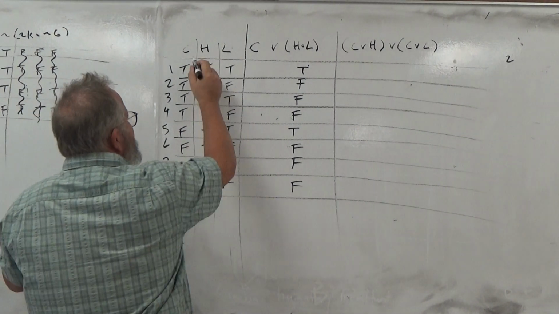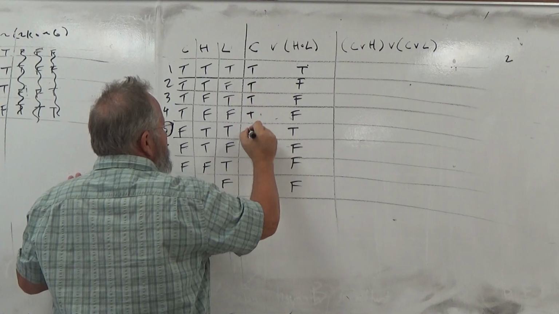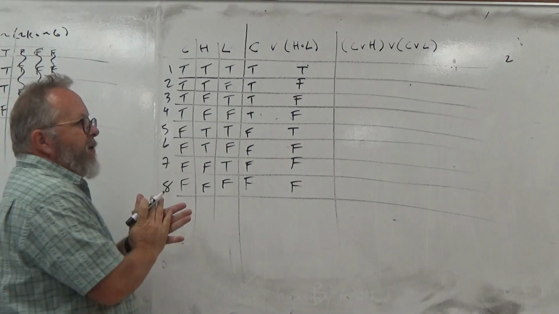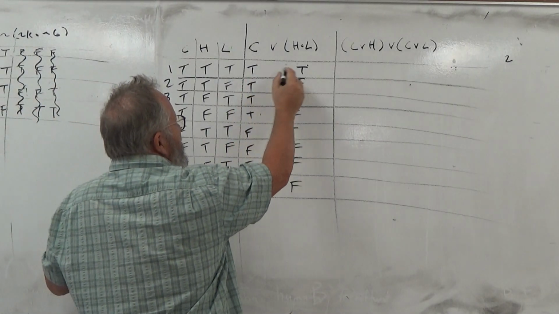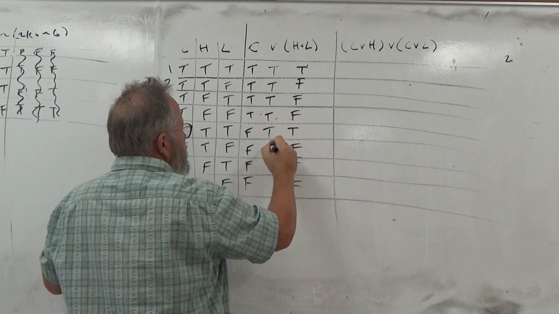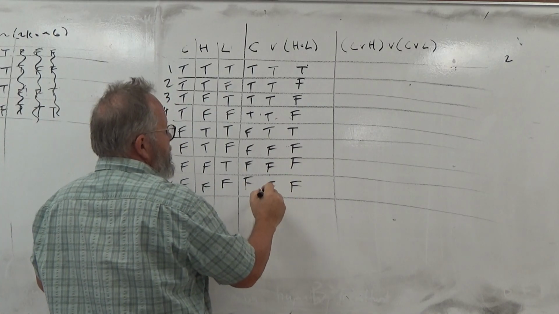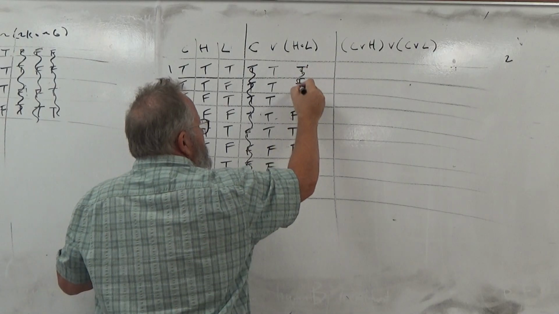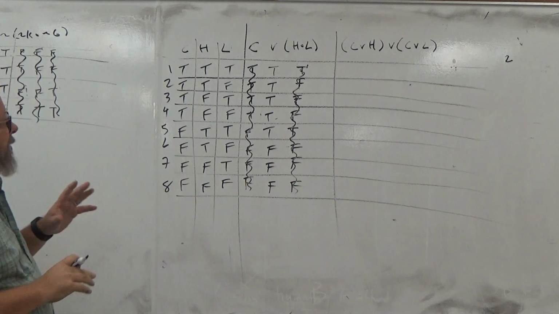Now I will write the C column over here, which is true, true, true, true, false, false, false, false. So now I need to do the OR. Okay. So I'm doing an OR. So it's true, true, true, true, true, false, false, false. And that's my final column on this one. So I get rid of all those intermediate things.